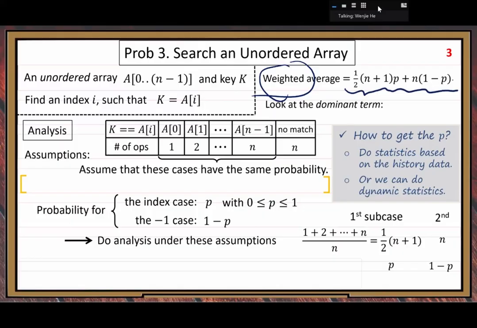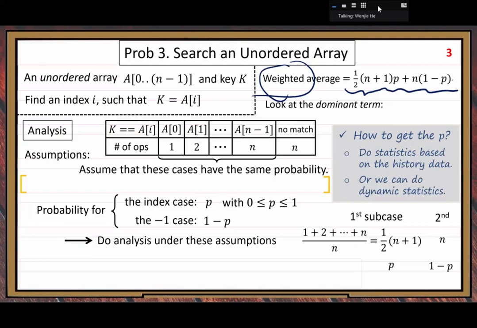The n number keeps changing. But P is a fixed number, a fixed constant. P does not change. As soon as you get the statistic data, you fix it. But n can change.